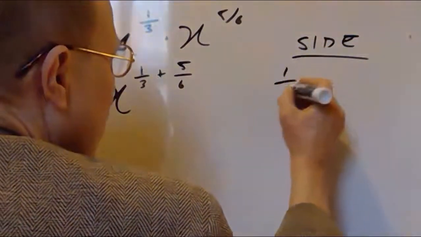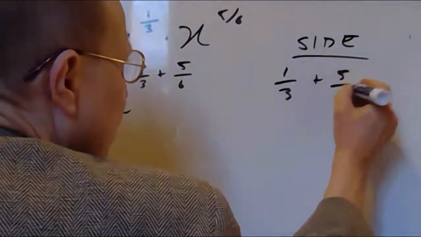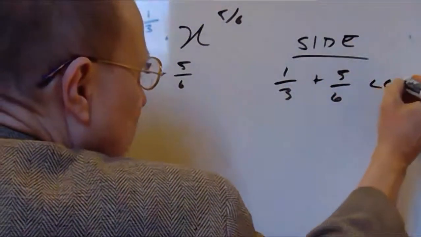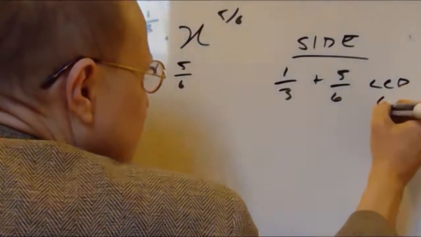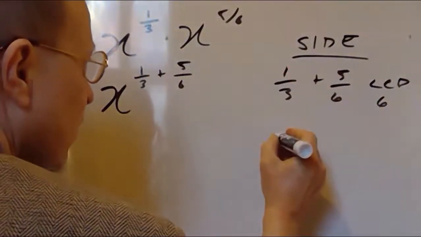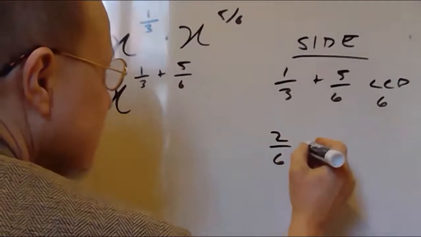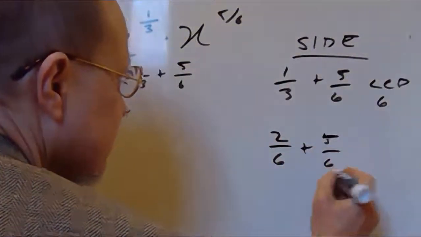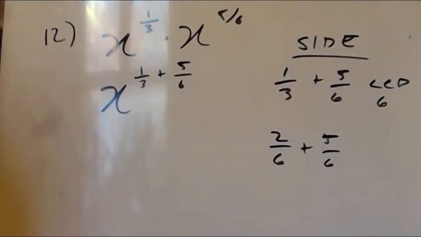So I have 1/3 plus 5/6. So I want to find the lowest common denominator, which is 6 in this case. So that means that here we're going to have 2/6 plus 5/6. Remember, when we're adding and subtracting fractions, the bottom must be the same.